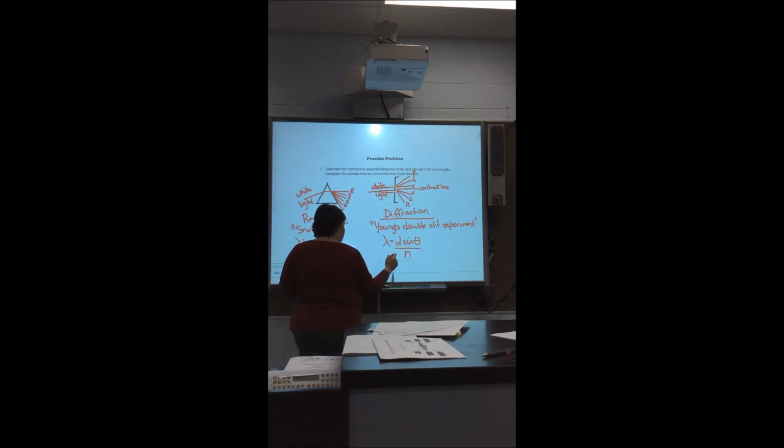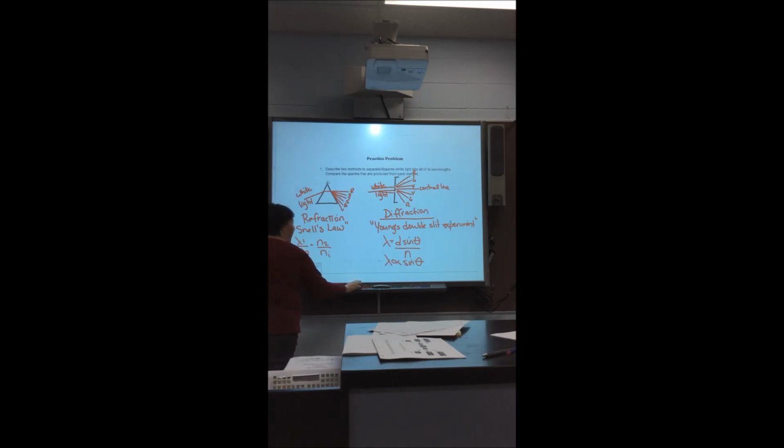So when we look at this relationship, lambda is proportional to sine theta. Okay, so your wavelength is proportional to the angle that we see. So as your wavelength increases, your angle of theta increases. So longer wavelengths get diffracted more.